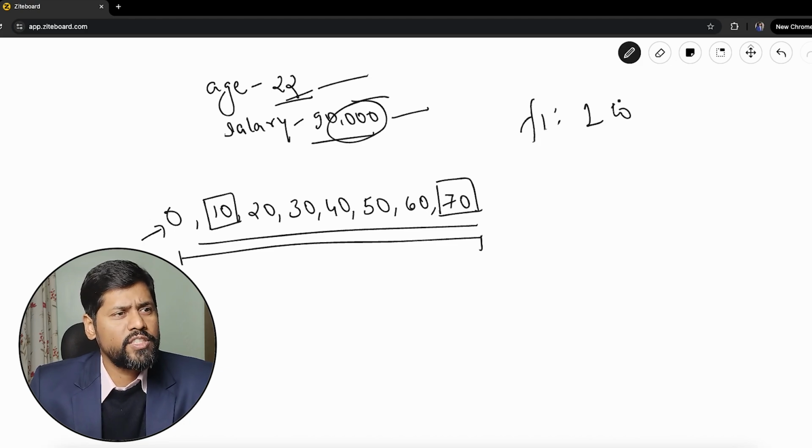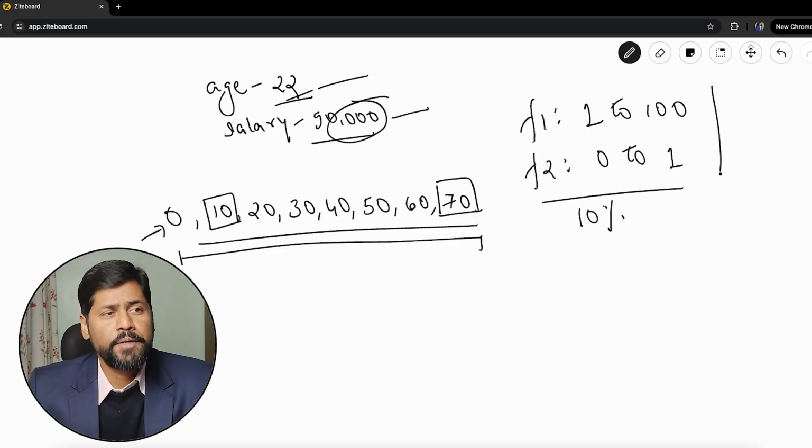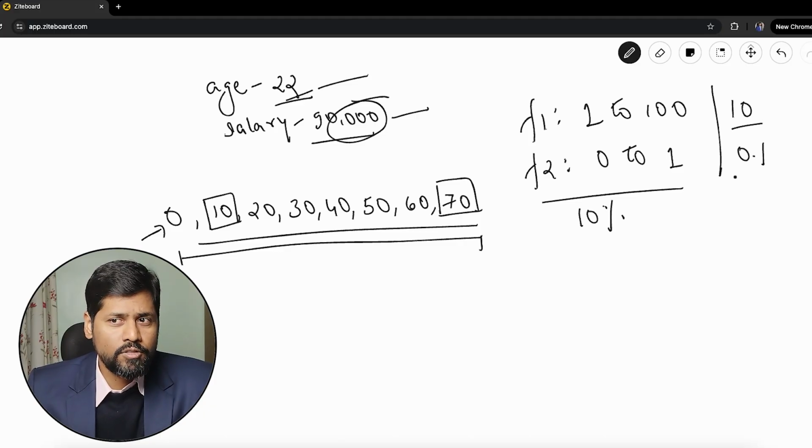And then we have feature 2, which is represented from a range of 0 to 1. Now let's say we are calculating 10% of the value of both features. So the first feature will give a value of 10, whereas the second feature will give a value of 0.1.